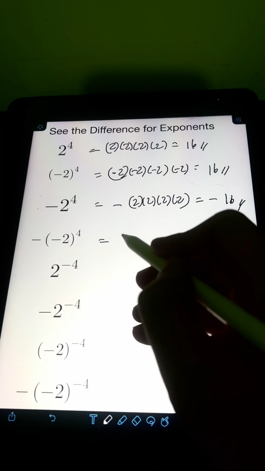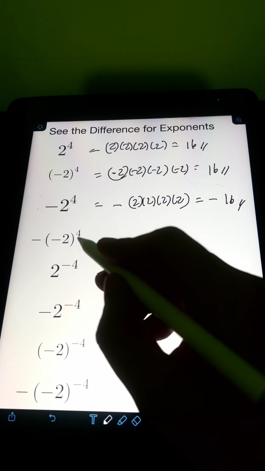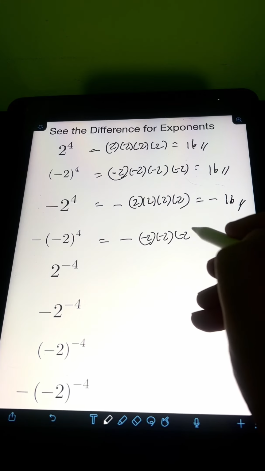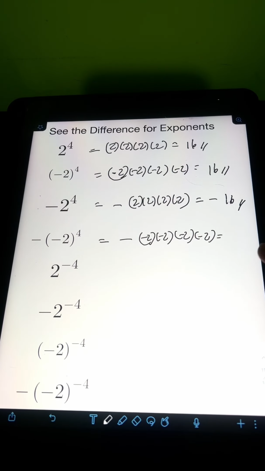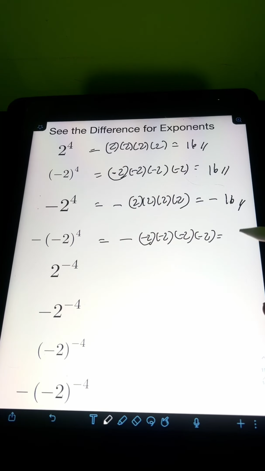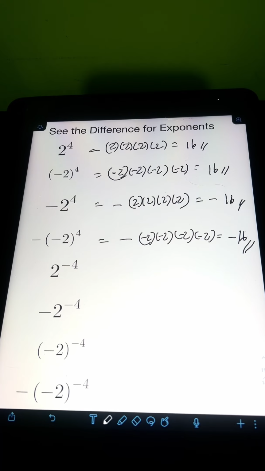We have a negative sign in front, just copy. And then the base is negative 2 raised to the fourth. So 4 factors of negative 2. We know that negative 2 to the fourth is equal to positive 16. But there's still a negative sign in front. So therefore, it should be negative 16 as the final answer.